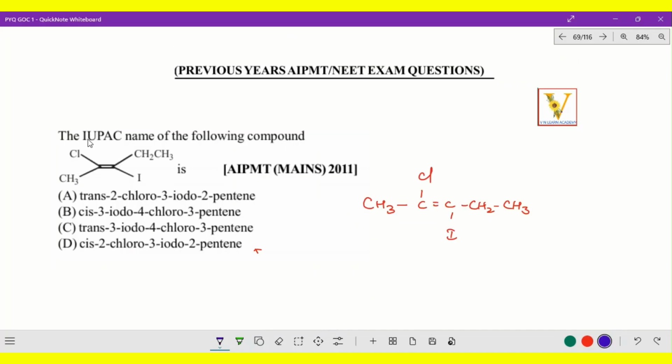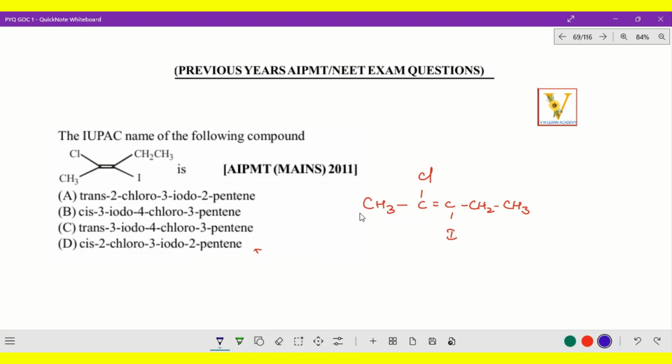The next question: the IUPAC name of the following compound, CH3 C(Cl)=C(I) CH2 CH3. The options are: trans 2 chloro 3 iodo 2 pentene, cis 3 iodo 4 chloro 3 pentene, trans 3 iodo 4 chloro 3 pentene, and cis 2 chloro 3 iodo 2 pentene.